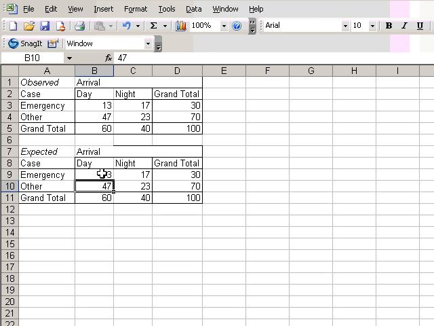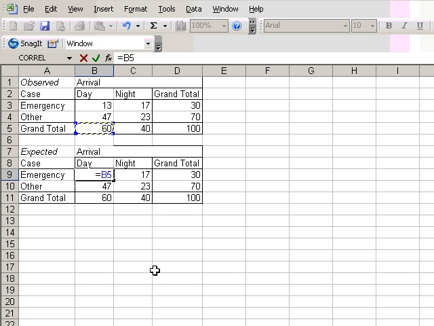The easiest way to arrive at the expected values is to say that this first expected value will be equal to cell B5, which is the marginal total for the arrivals during the day, times cell D3, the marginal total for arrivals for emergencies, divided by all cases.